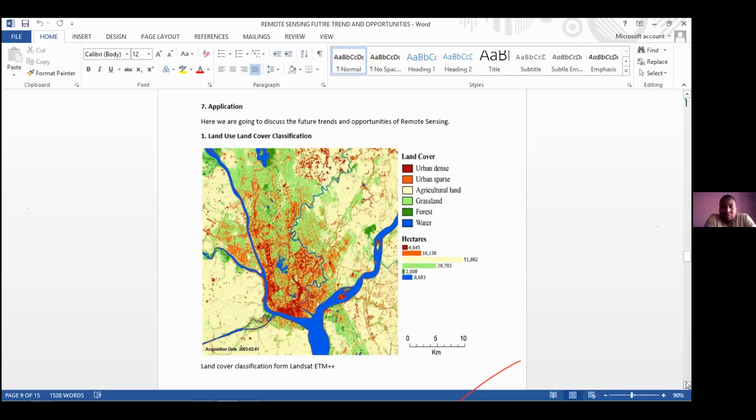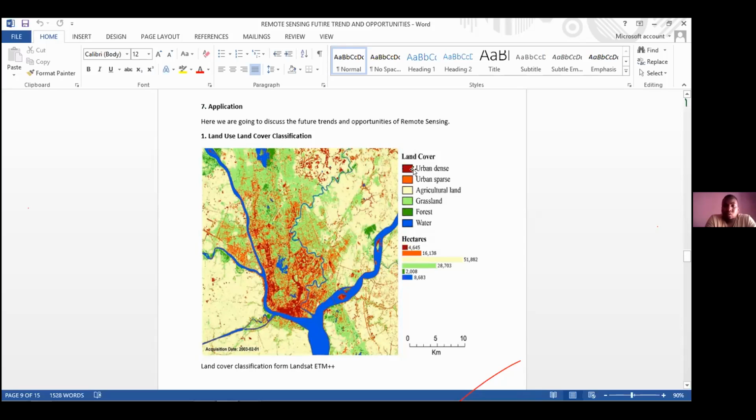For instance, I'll give you this image here. This is a perfect example of a land use, land cover classification of a certain area in Kenya.